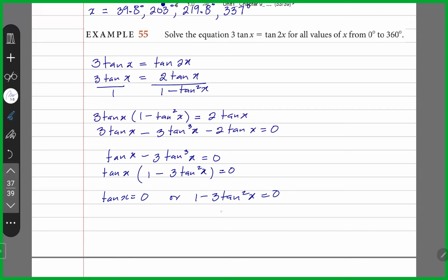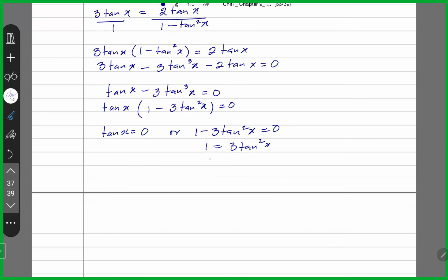So here 1 is equal to 3 tan squared x. Divide both sides by 3: 1/3 is equal to tan squared x, and tan x is equal to positive and negative 1 over root 3.